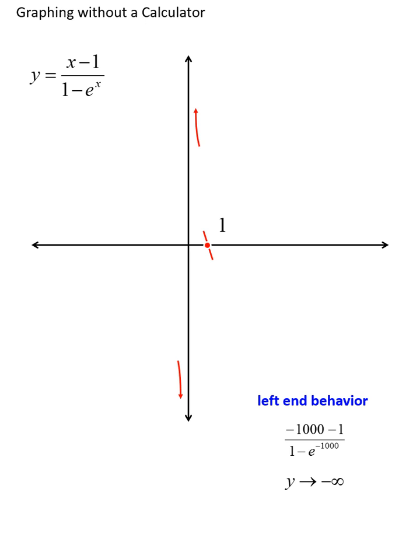And as x continues to get more and more negative on our left-hand behavior, that denominator is going to stay roughly stationary at about 0.99999. The numerator, however, is going to continue to be more and more negative.